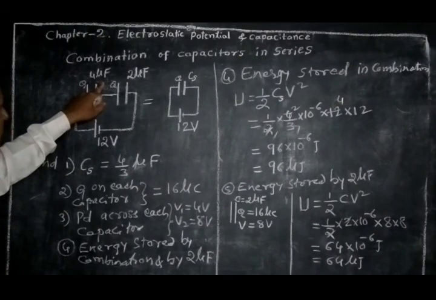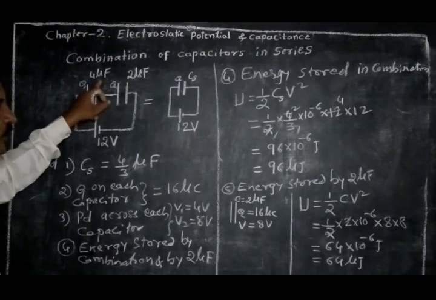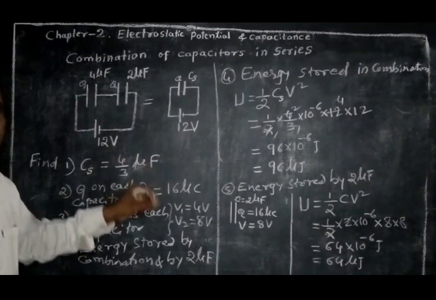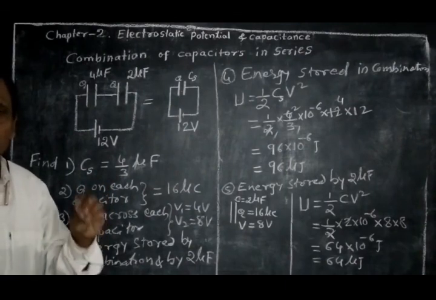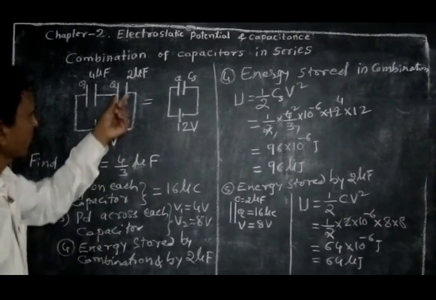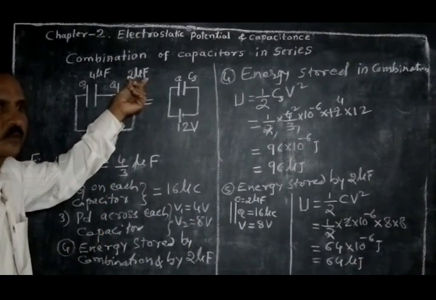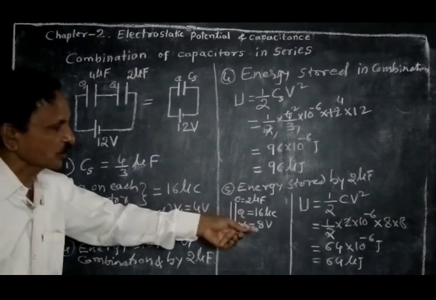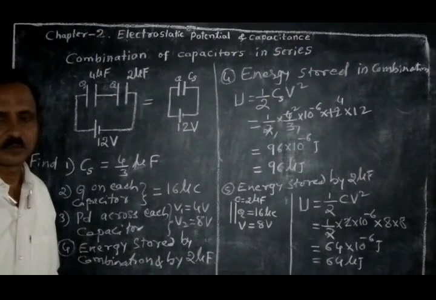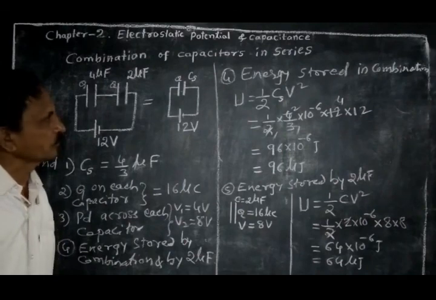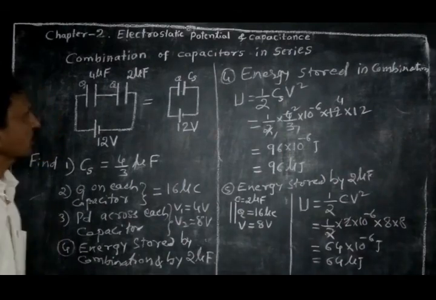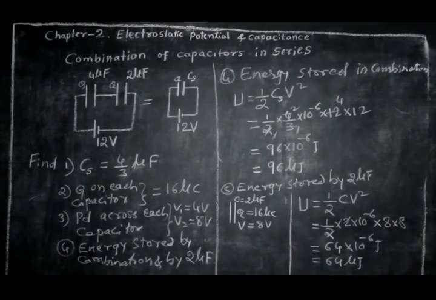That means as capacitance increases, energy stored decreases. For smaller capacitance, energy stored is larger. Clear? Thank you. In the next class, we shall derive the expression for parallel combination of capacitors.